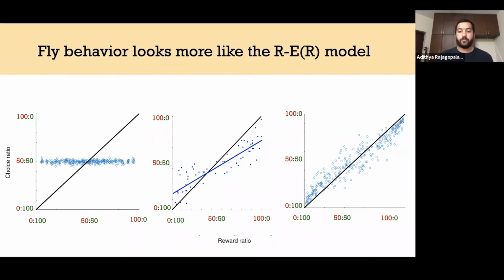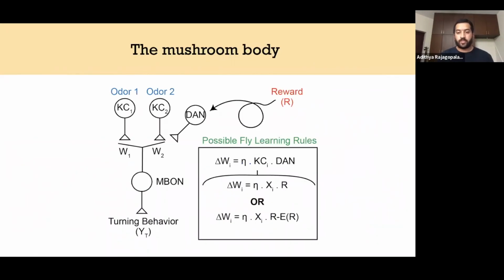And so just to recap what I've said about the mushroom body, we have two different groups of Kenyon cells that respond to the two different odors and have different weights onto an MBON. What we know of MBON activity is that it modulates turning behavior.